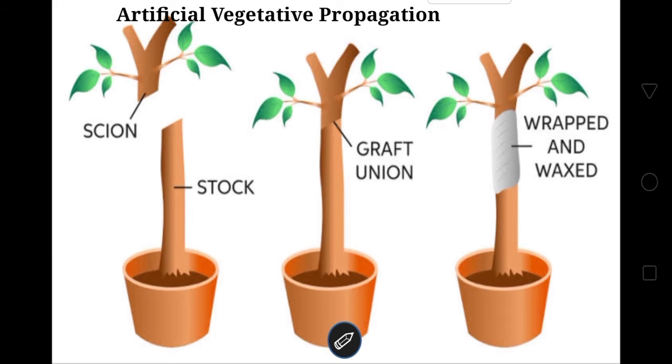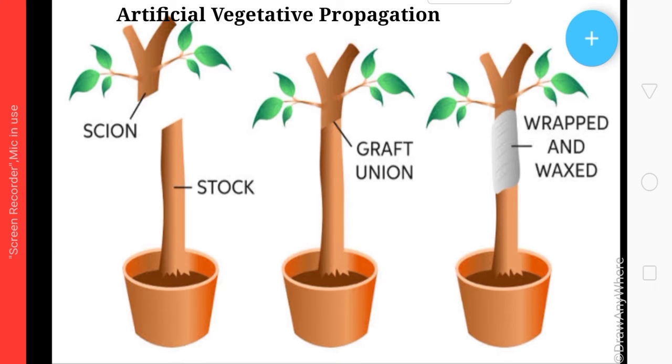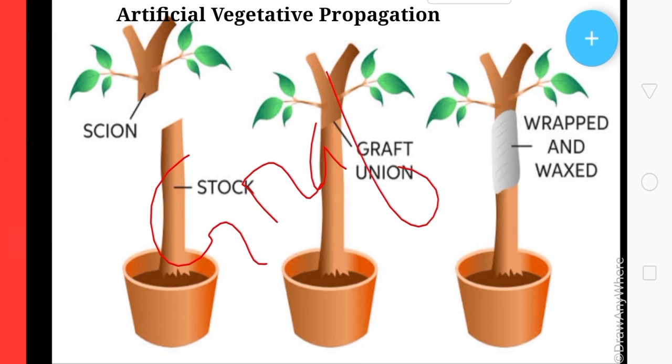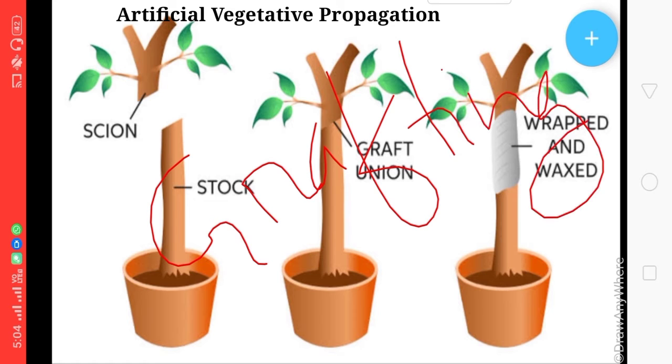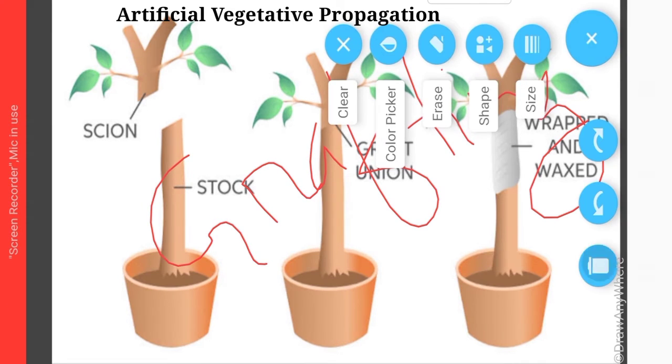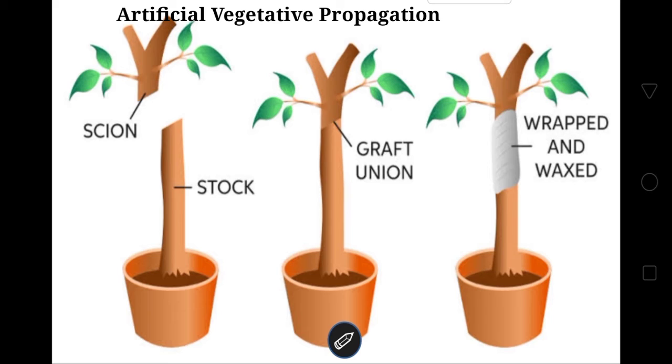The next type is grafting. For grafting, we need to select two different types of plant. From one plant we take the shoot part, and from the other plant we take the root part.